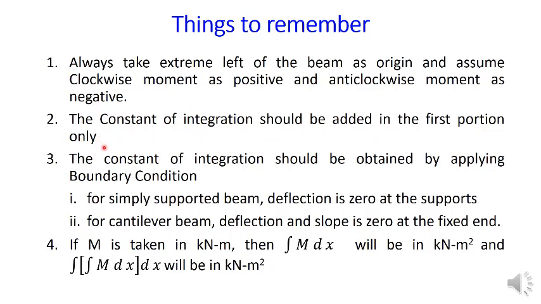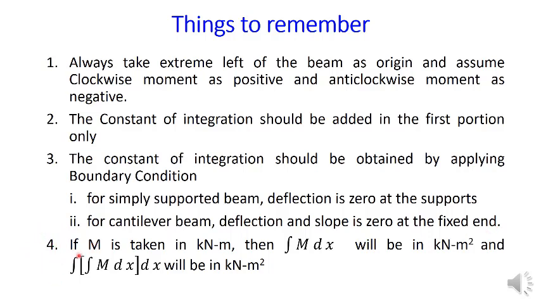When you have a beam, you have 3 or 4 portions. So the constant of integration should be added only in the first portion. The constant of integration should be obtained by applying the boundary condition. We have already discussed the boundary condition. For a simply supported beam, the deflection is 0 at the supports. For a cantilever beam, the deflection and slope are 0 at the fixed end.